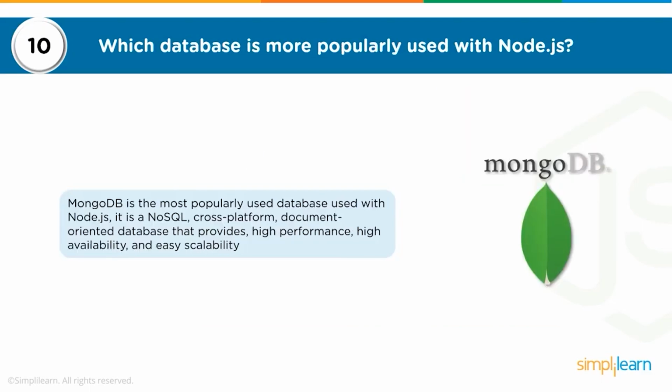So let's talk a little bit about when you're connecting to a database with Node.js. You're probably going to be asked, what is the most popular database used with Node.js? And there are a couple. MongoDB is largely the most popular NoSQL cross-platform database. MySQL is also very popular, and that's a more traditional relational database.